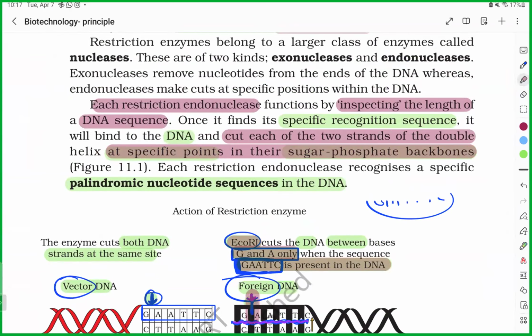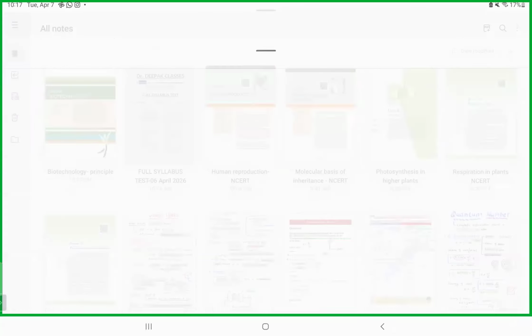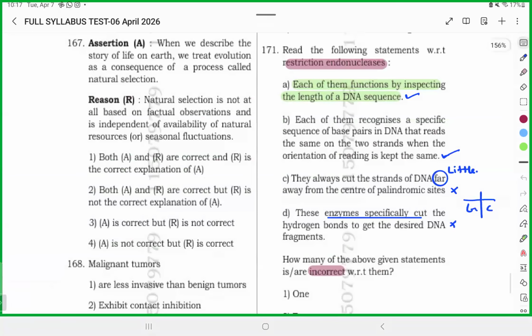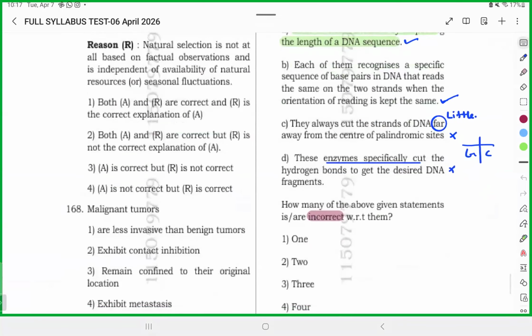It cuts the backbone, not hydrogen bonds. Only then can a sticky end be produced. Make sense, guys? Well done Varinder. So third and fourth are wrong, so the answer will be 2.